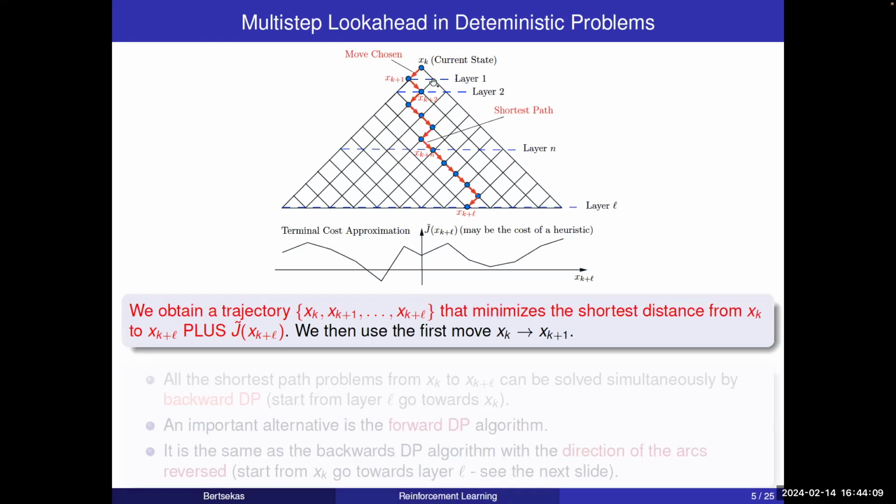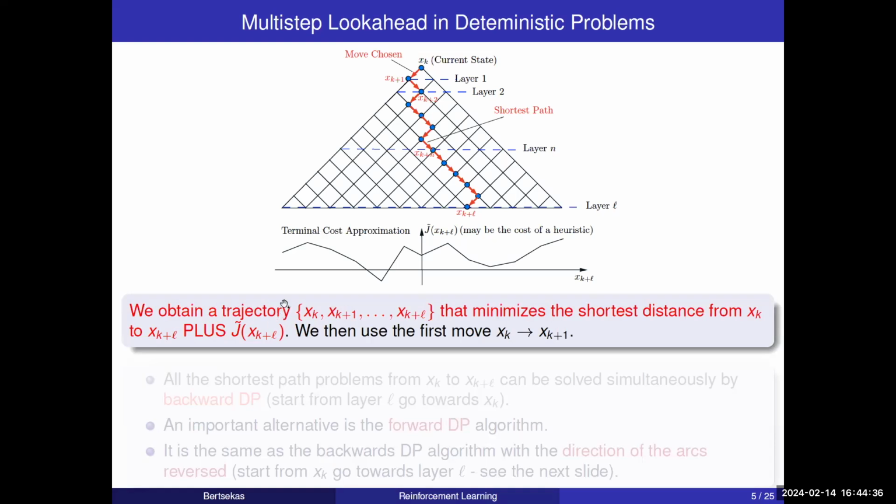Each layer of this look ahead tree represents a stage, and the Lth layer, or layer L, represents the length of the look ahead. And from here, we can apply the terminal cost function approximation, which may involve running a heuristic, but that's all abstracted in the function.